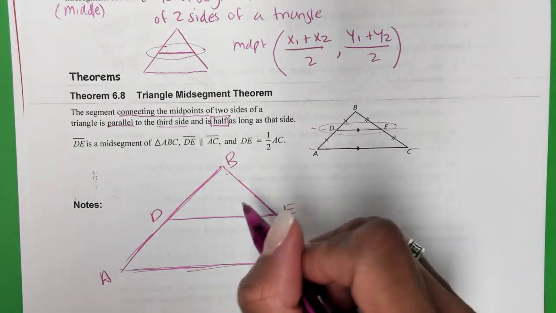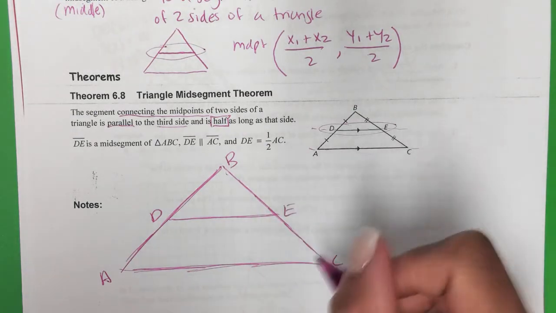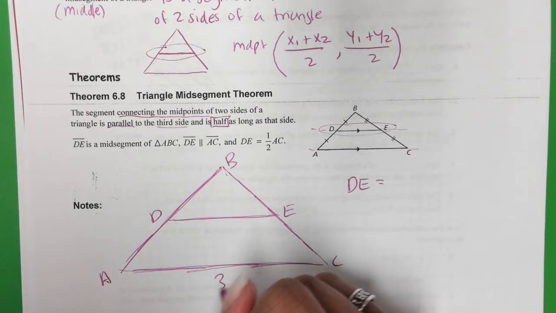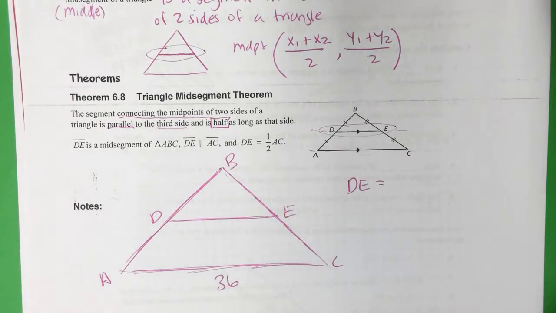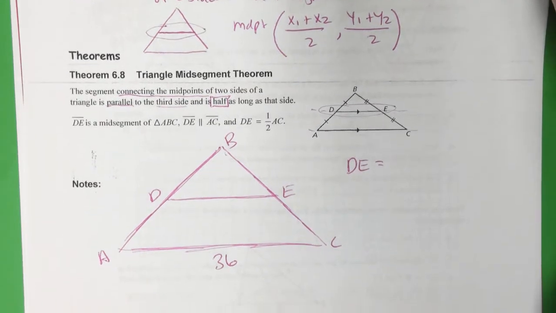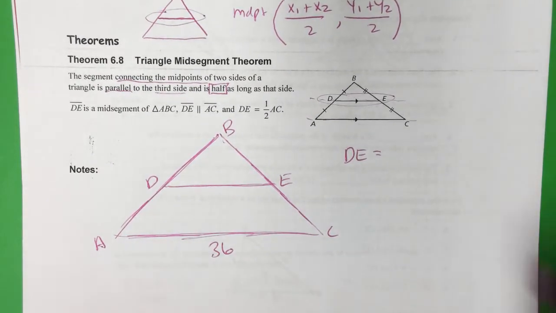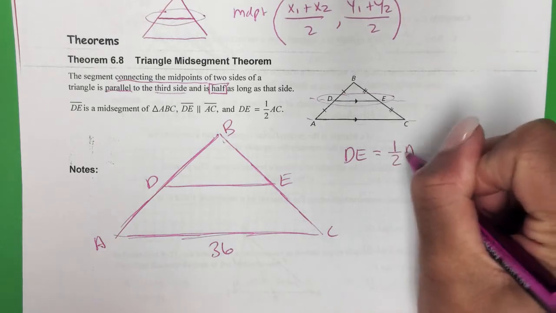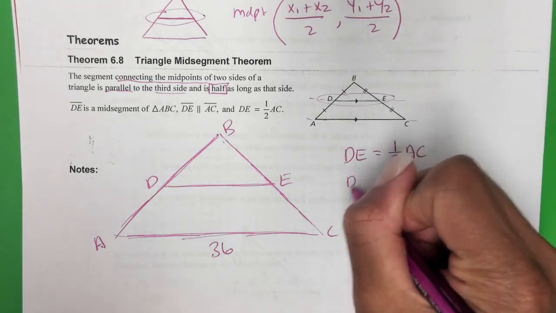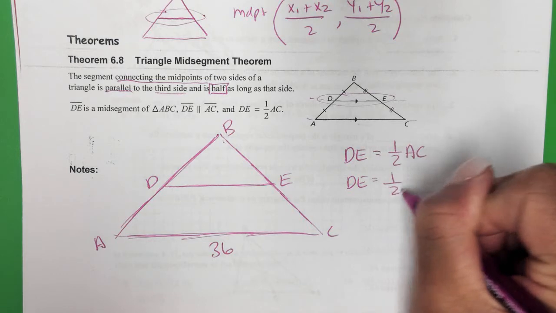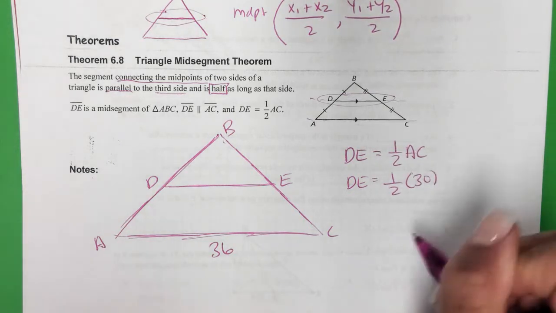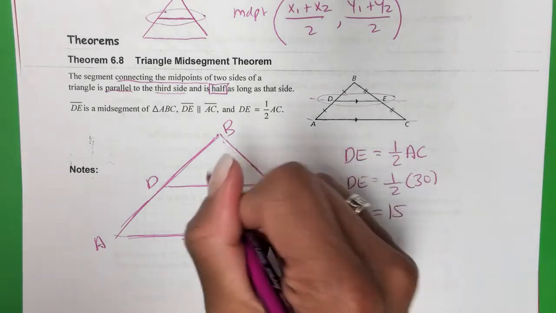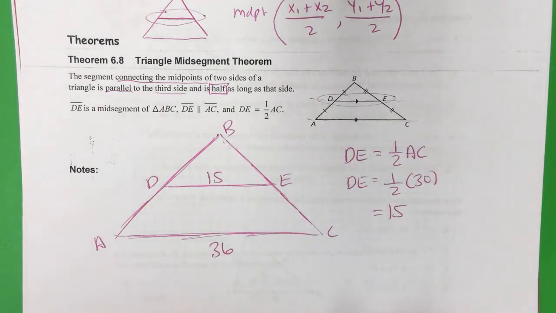Okay, so let's say I want to find DE and AC is 36. So if AC is 36, how would I find DE? Well, it's half of AC. So if it's half of AC, that means DE is really half of 36. And 36 divided by 2 is 18. So that means line segment DE is 18.